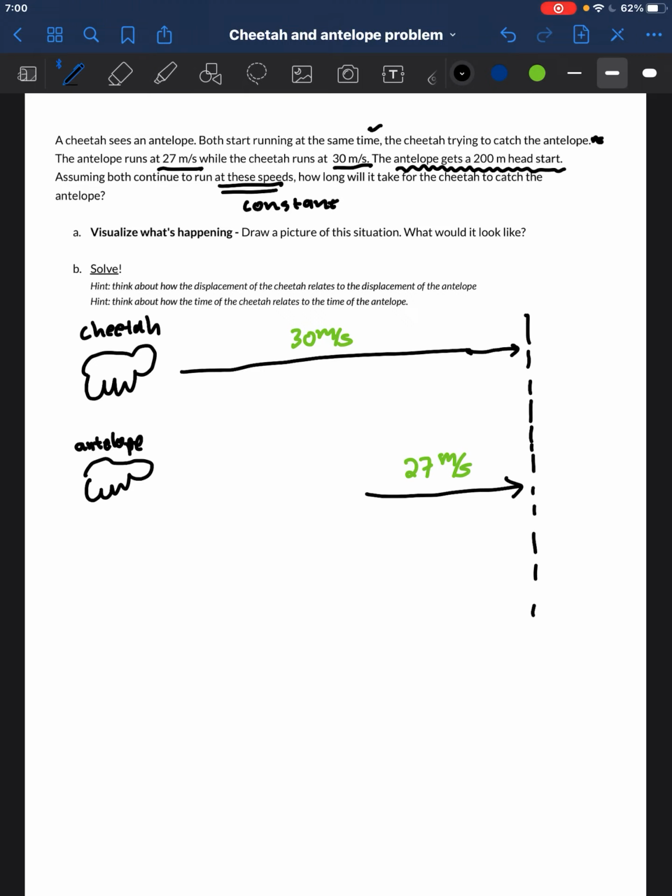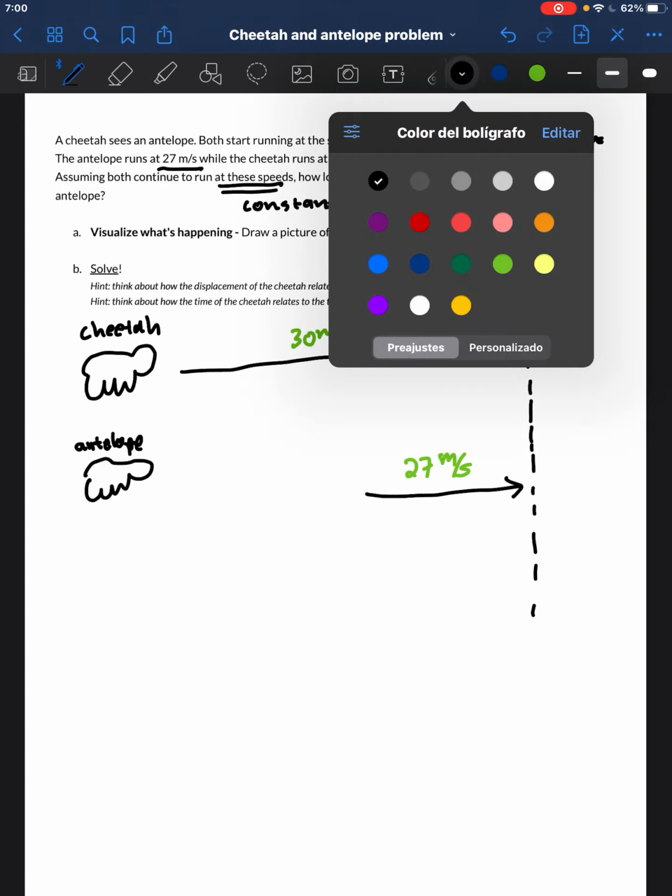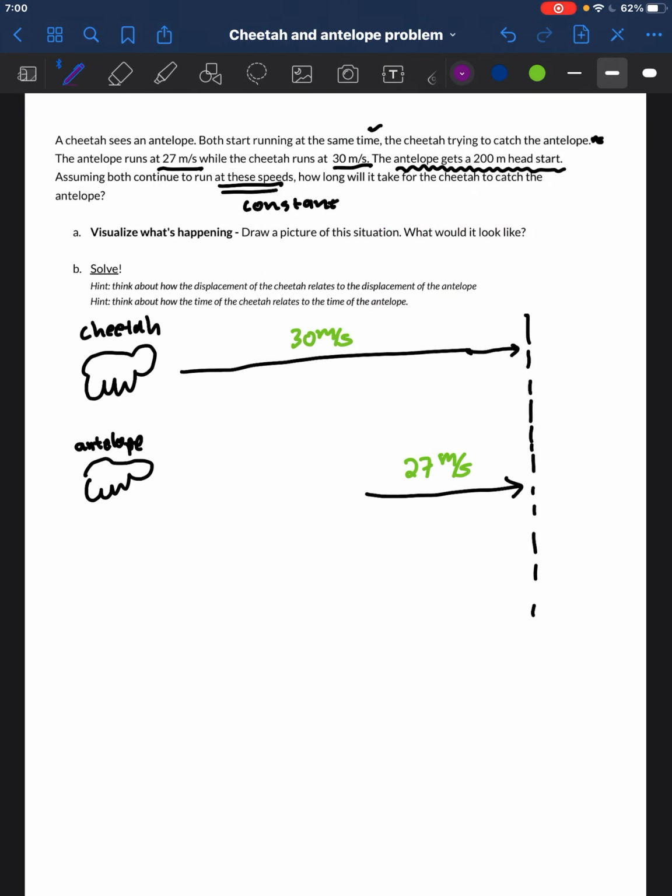All right, the other piece of information that we learned here is that the antelope got a 200-meter head start. So the antelope started 200 meters past the cheetah. All right, let's list what we know.